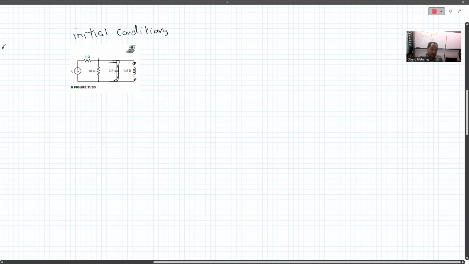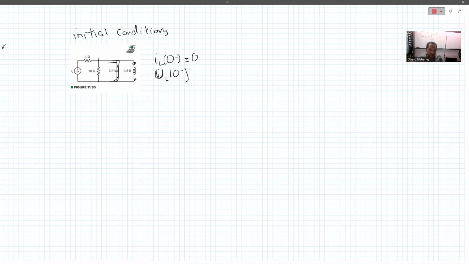This means that for the inductor IL, it's an open circuit, so no current is passing. So IL(0-) is equal to 0, and VL(0-): all of the current is passing here, and we are measuring the voltage across those two nodes, so it's equal to 0 as well.